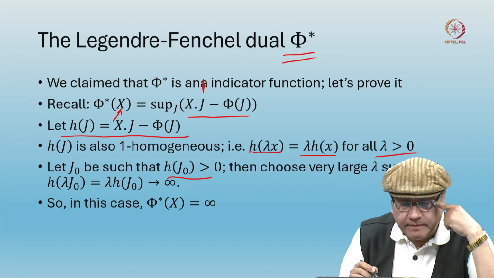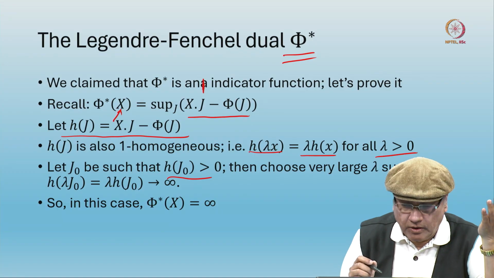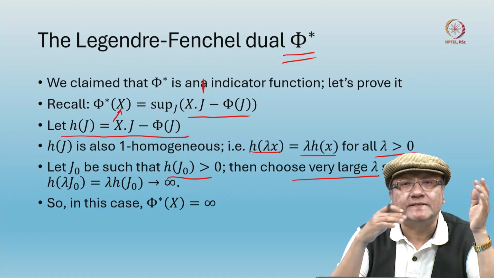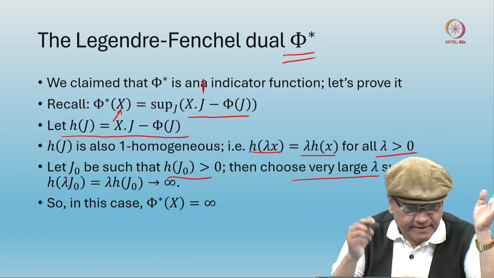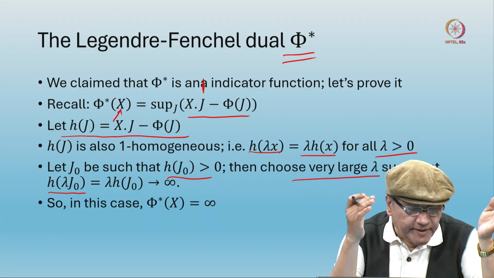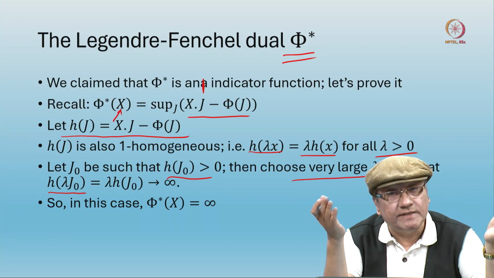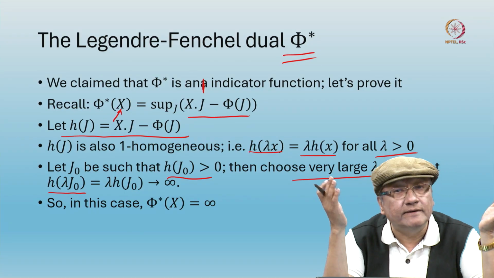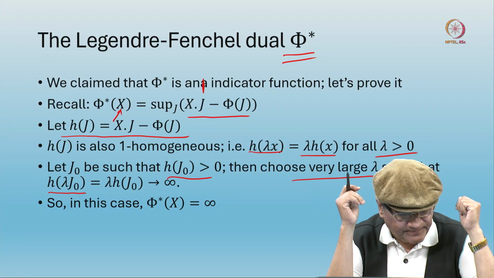So, by the one homogeneity of the function h, I can choose a very large scalar value lambda such that h of lambda j0 should be equal to lambda times h of j0, but that should go to infinity if I choose a sufficiently high value of lambda.